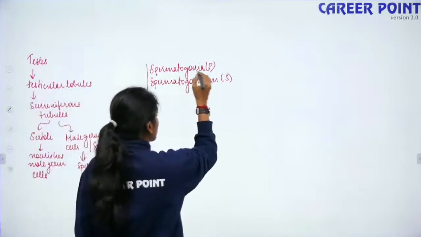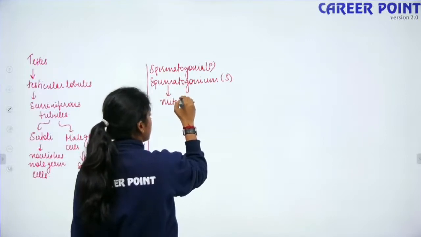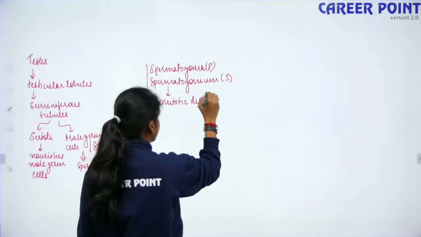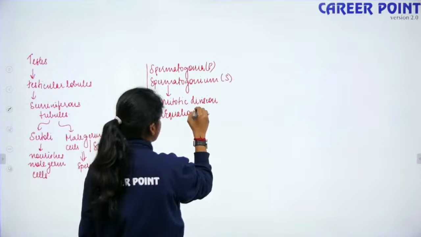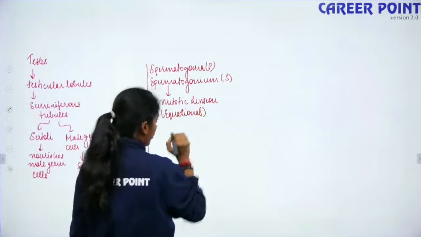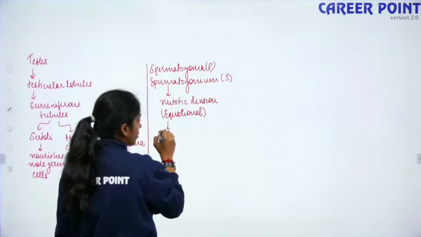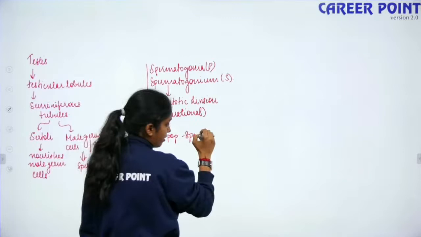So these spermatogonia undergo mitotic division. Mitotic division is equational division. So they undergo mitotic division to increase the population of the spermatogonia.